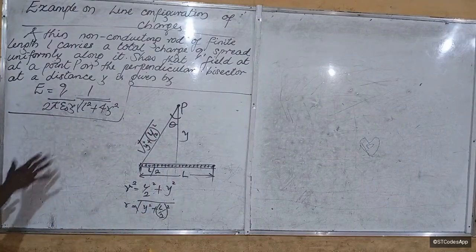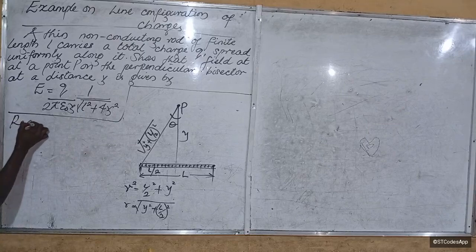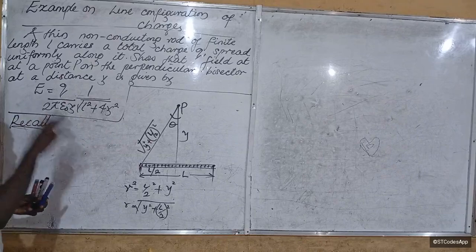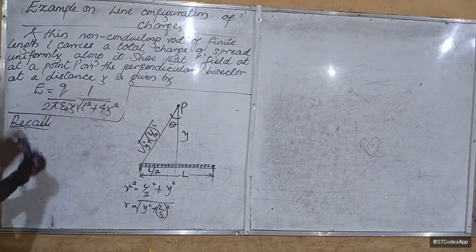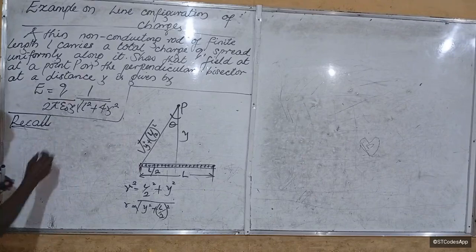Okay, so we have this. Now, recall from when we were proving the equation yesterday, I'm going to pick one part of that equation since I already know it. If you don't understand what I picked, just go back and watch that video. I would advise that you see that video first.